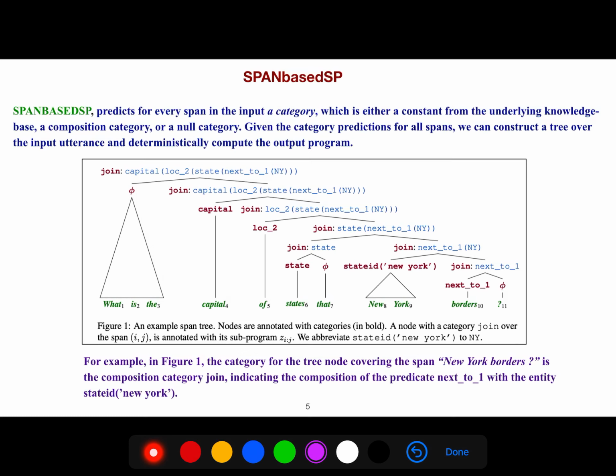For example, in this picture, the category for the tree node covering the span New York borders is the composition category join, indicating the composition of the predicate next to with the entity state ID, New York, with this constant New York.